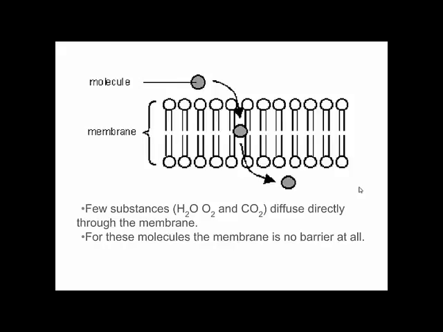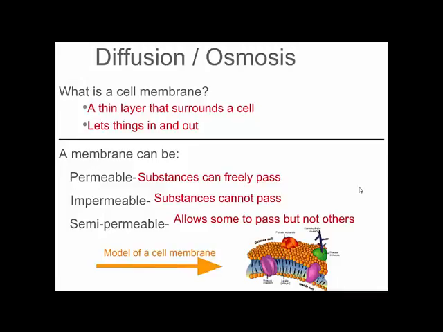Small molecules like oxygen, water, carbon dioxide can sort of squeeze through this phospholipid bilayer and pass freely through it. Larger molecules, however, cannot just pass through it. Those larger molecules often need special proteins that are stuck within the cell membrane.